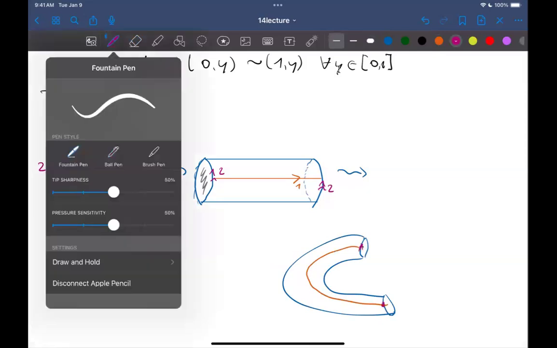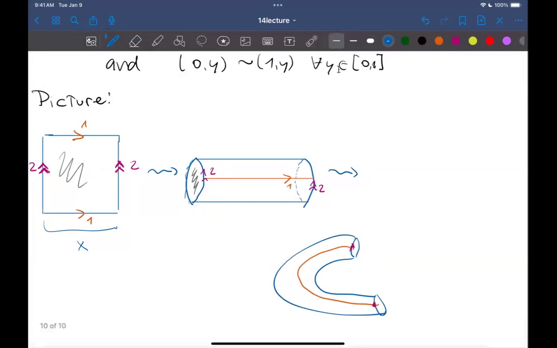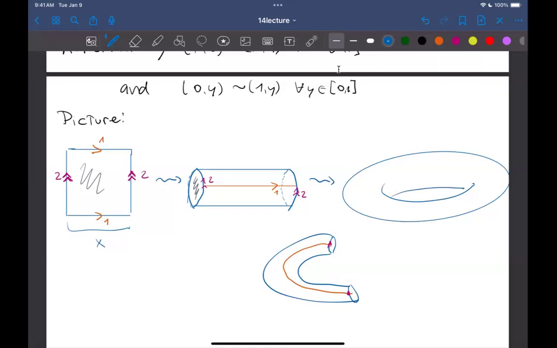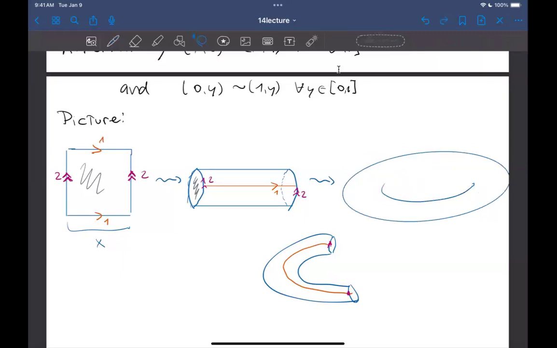When you keep going, at the end of the day you will identify the two extremes and you'll get our famous donut. So it's going to look like a donut here, something like this.